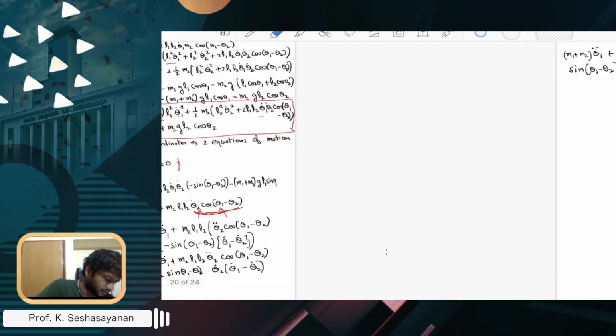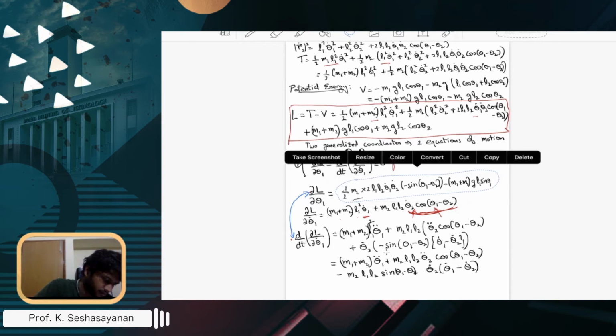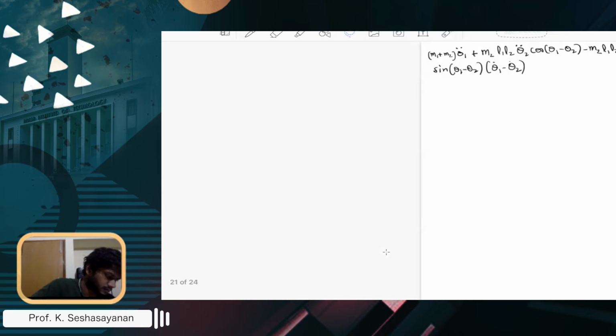Okay, so this is the term which comes from d by dt, and this should be equal to the term here. So again, I will do the same trick. Let's copy this and put it here.